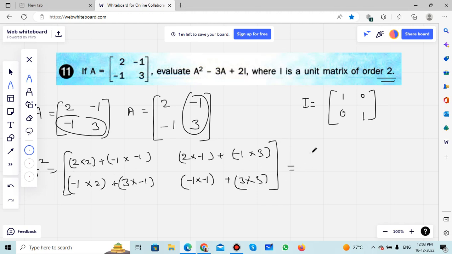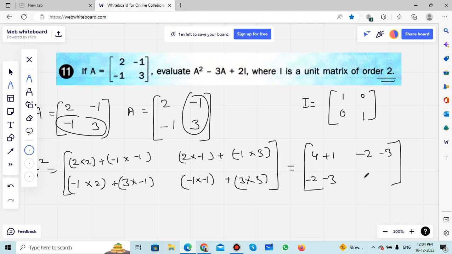So this will give you 2 into 2 is 4, minus 1 into minus 1 is plus 1, so plus 1. 2 into minus 1 is minus 2, and minus 1 into 3 is minus 3. Minus 1 into 2 is minus 2 and 3 into minus 1 is minus 3.